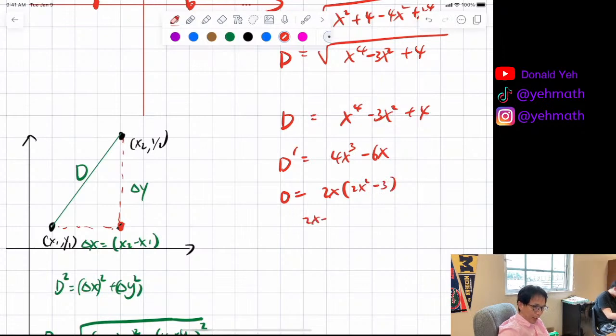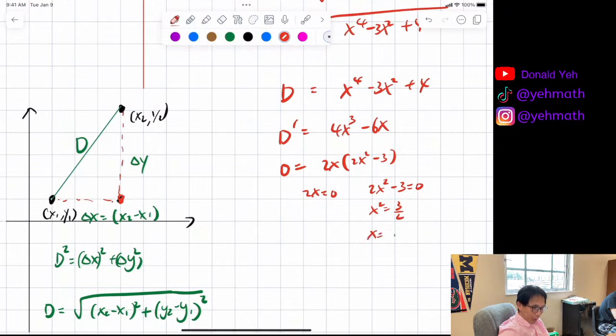So it'll be 2x equal to 0, 2x squared minus 3 equal to 0, x squared equal to 3 over 2, x equal to plus or minus square root 3 over 2. There were three options here: x equal to 0, x equal to square root 3 over 2, and x equal to negative square root 3 over 2. But which one is the right choice?